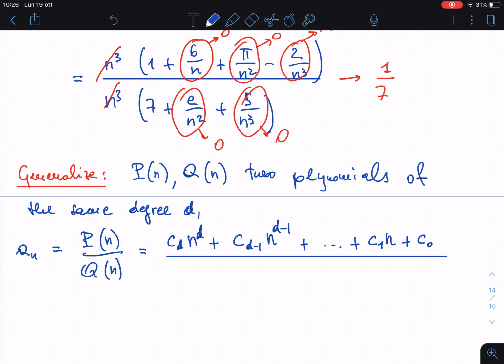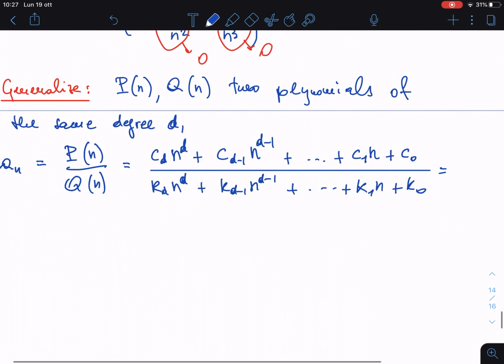And here we have other coefficients, for instance, k_d n^d plus k_{d-1} n^{d-1} plus dots plus k_1 n plus k_0.